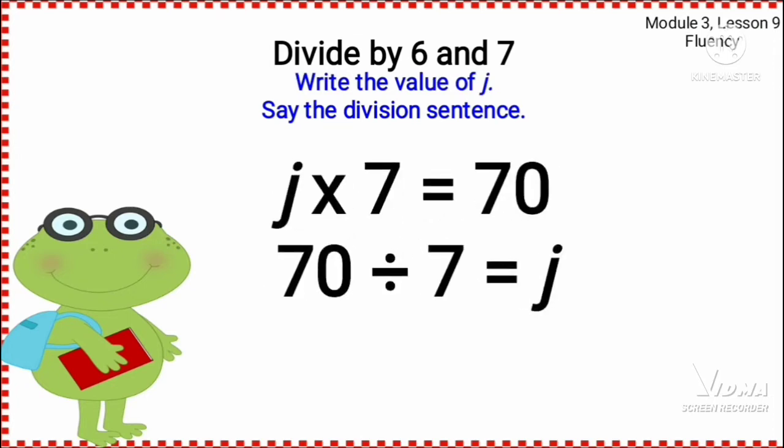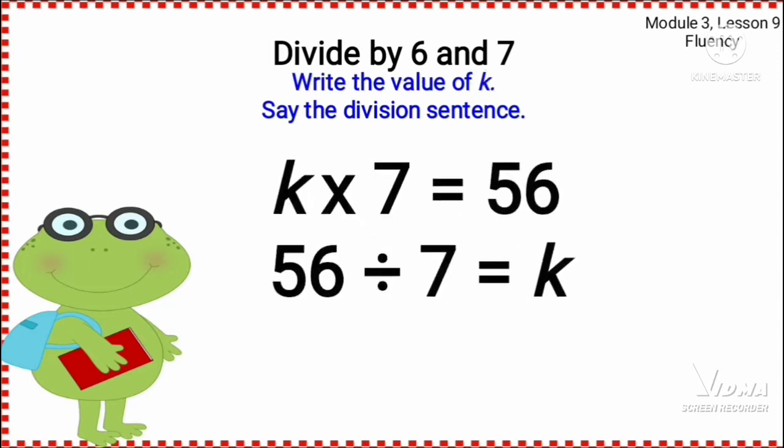We've done it before. J times 7 is 70. 70 divided by 7 is 10. So J is 10. In this equation, what is K? K times 7 is 56.